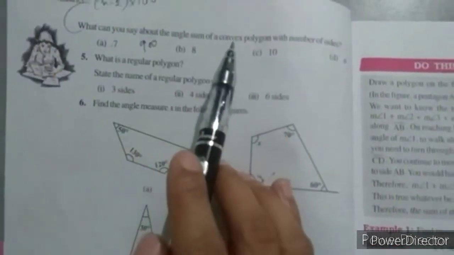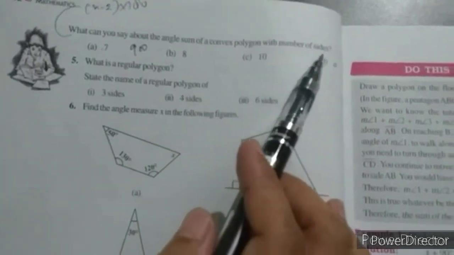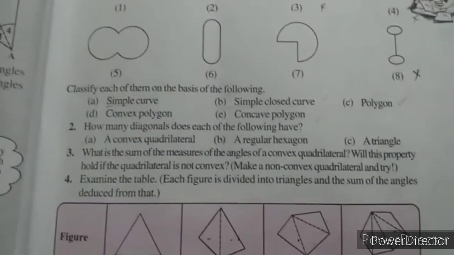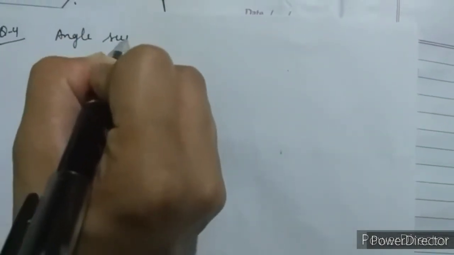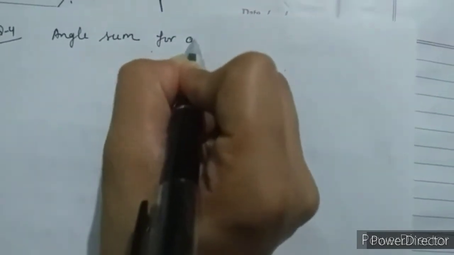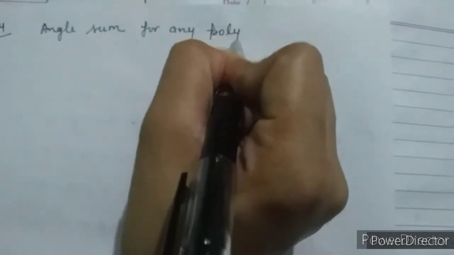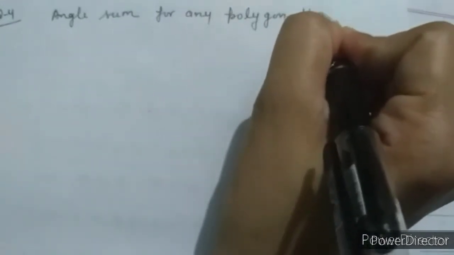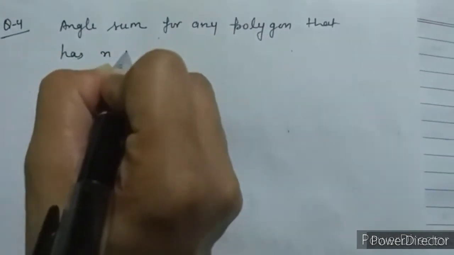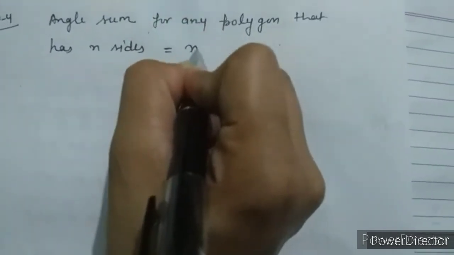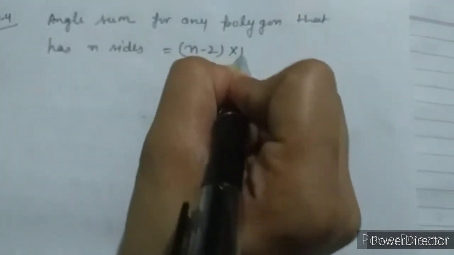Now we have to find out what you can say about the angle sum of a convex polygon with the number of sides. If we generalize the result of this table, then we can write that the angle sum for any polygon that has n sides will be n minus 2 into 180 degrees.